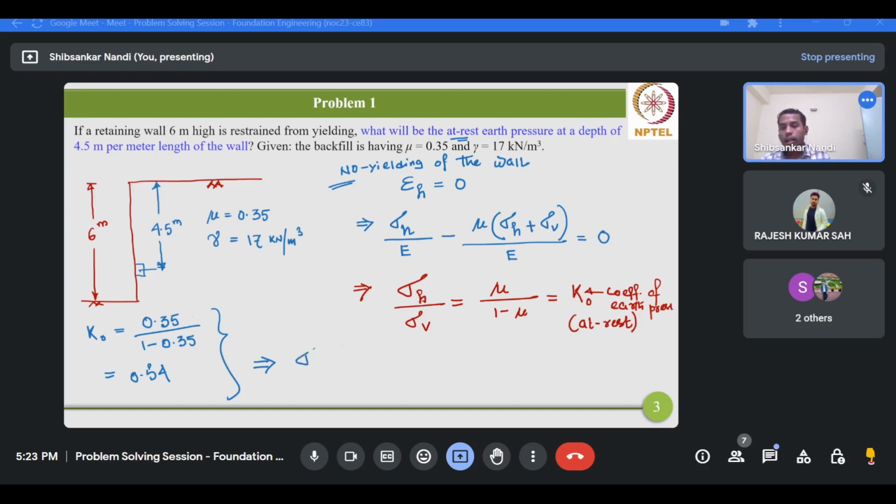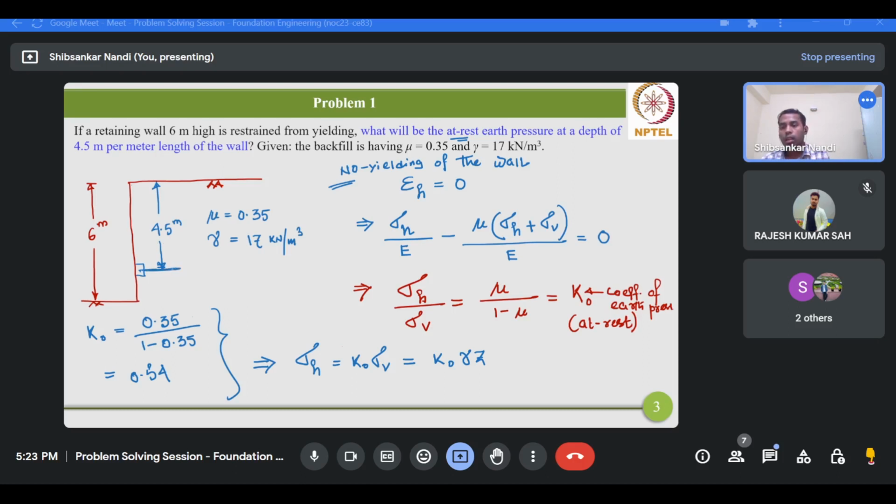So sigma h should be K0 times sigma v. Now this sigma v can be calculated as gamma times z. Sigma v is the vertical stress resulting from the overburden pressure, the self weight of the soil above this level.